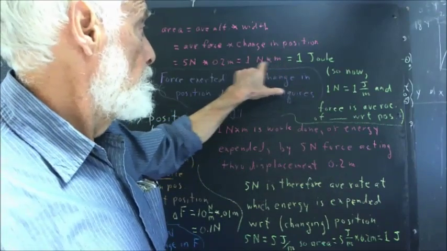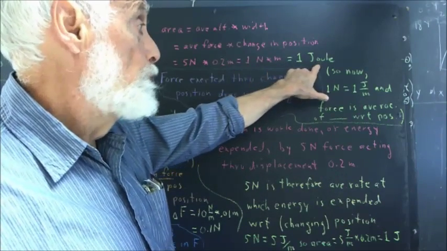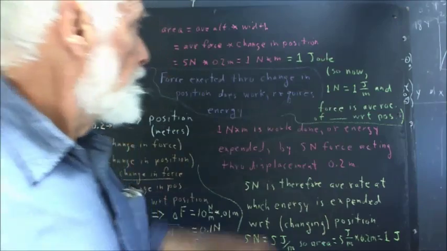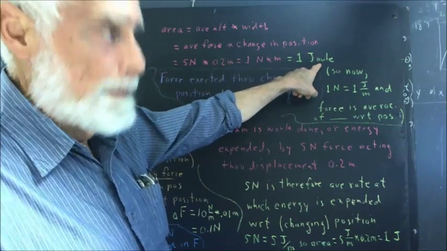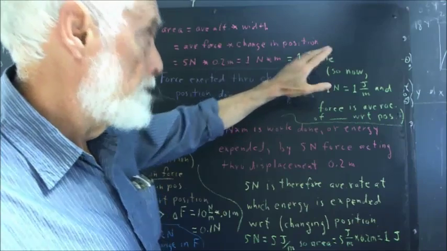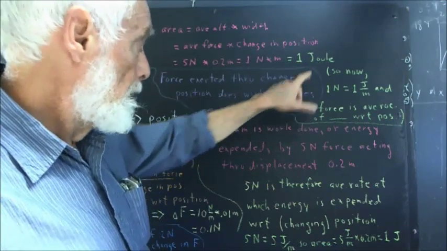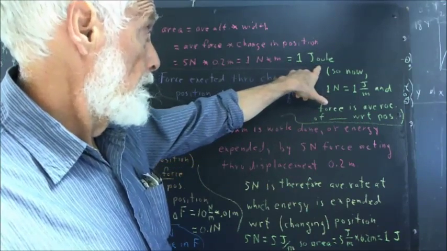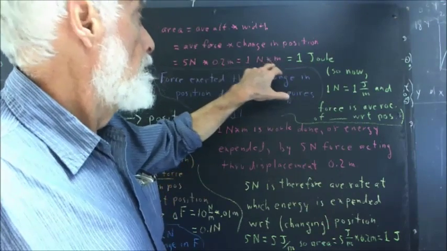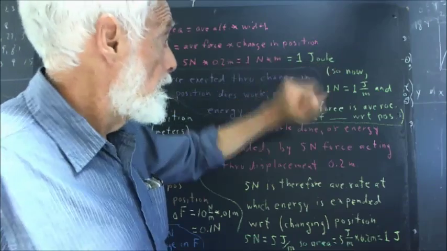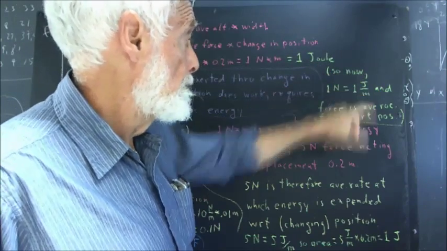Let's give that newton meter a name, the joule. Okay, so now if the joule is our unit of energy, then through even general science you should have seen this at some point, whether you remember it or not. The joule is a unit of energy, and it's equal to a newton times a meter, so that a newton is a joule divided by a meter, so a newton is a joule per meter.